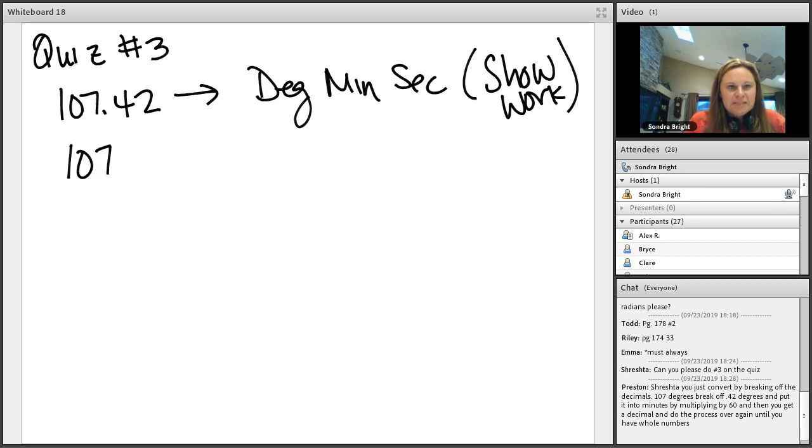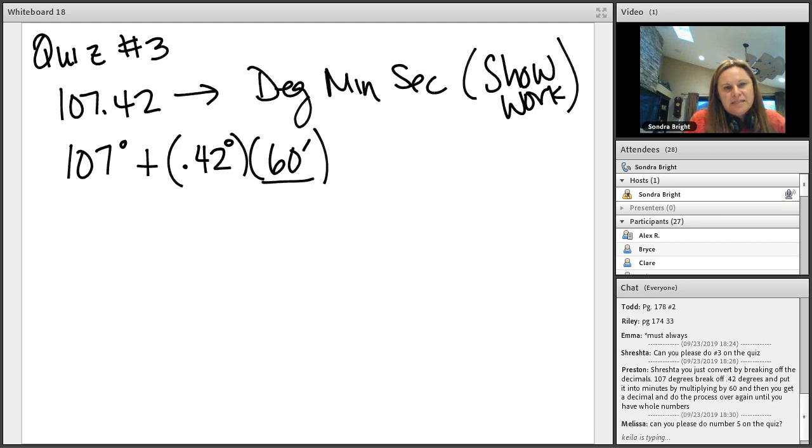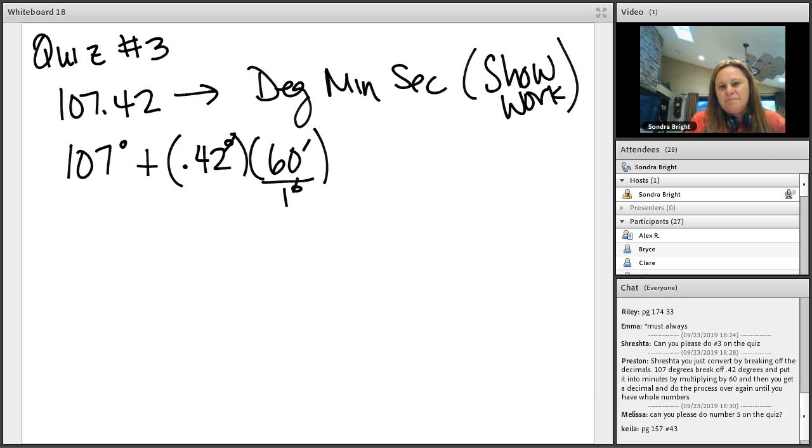You're going to take it's 107 degrees plus 0.42 of a degree, and I want to convert that to minutes. And so there are 60 minutes in 1 degree. I mean, technically it's like this, if this helps you make sense of it. It's like this is 0.42 of a degree, and then it's like 60 minutes in 1 degree, and so now your degree units cancel, and so now you've got minutes there.